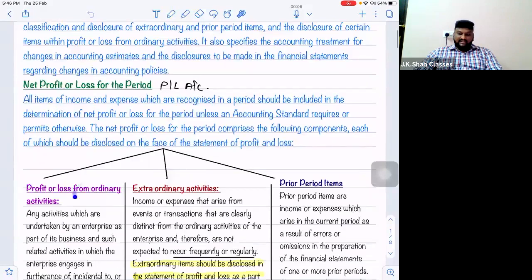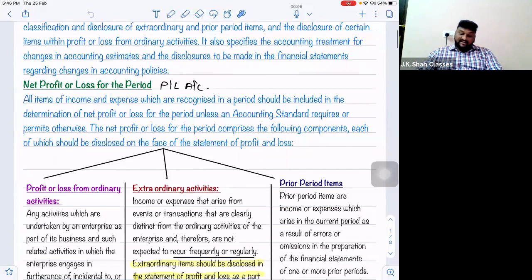You can see on your screens 3 classifications: profit and loss from ordinary activities, extraordinary activities, and prior period items. So technically, AS5 says that if you are preparing a profit and loss account, please classify items as ordinary items, as extraordinary items, or as prior period items, as the case may be.